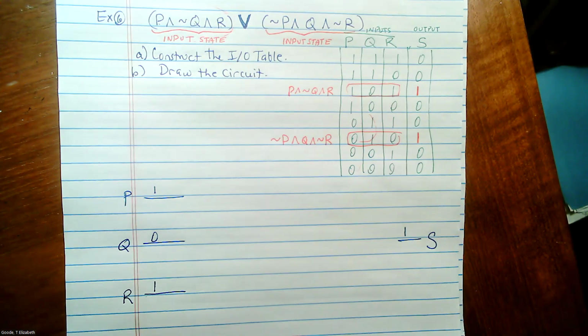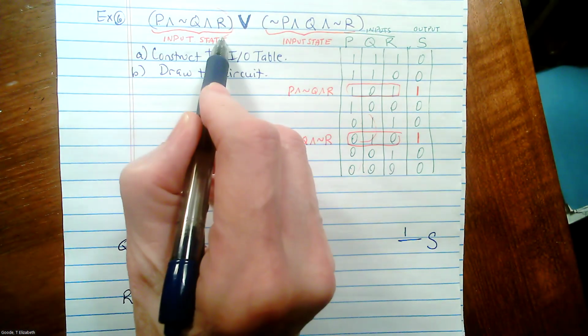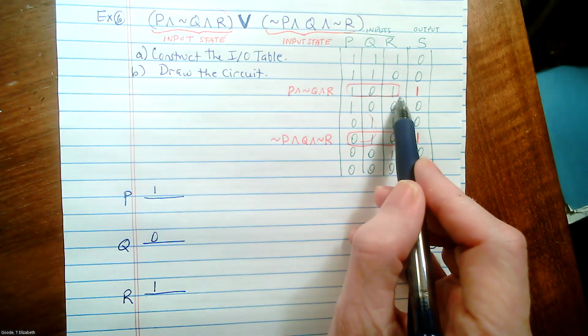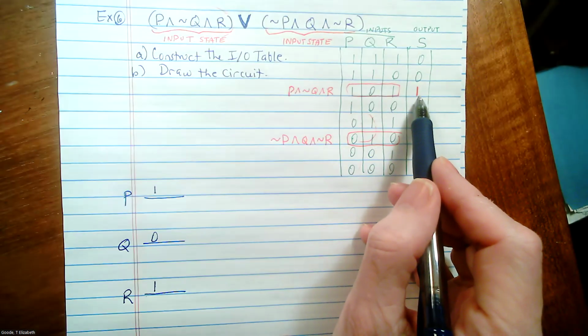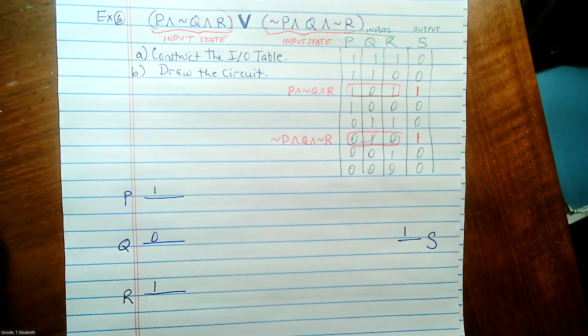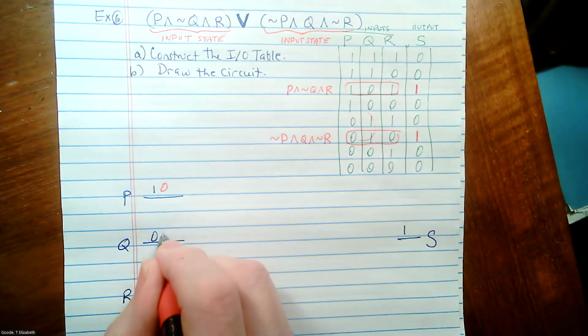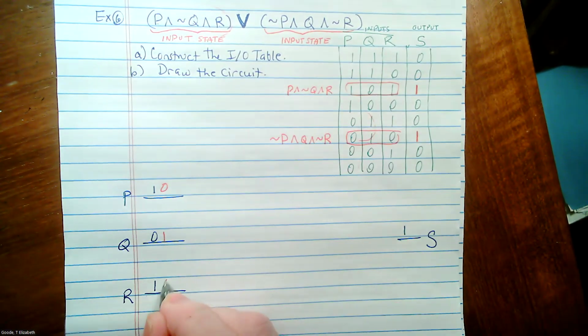So how do we build the circuit? See what I mean? This is an input state. It's associated with exactly 1 row of the IO table. That's one of the times we want to get a 1 out. The other time we want to get a 1 out is if P is cold, Q is hot, and R is cold.